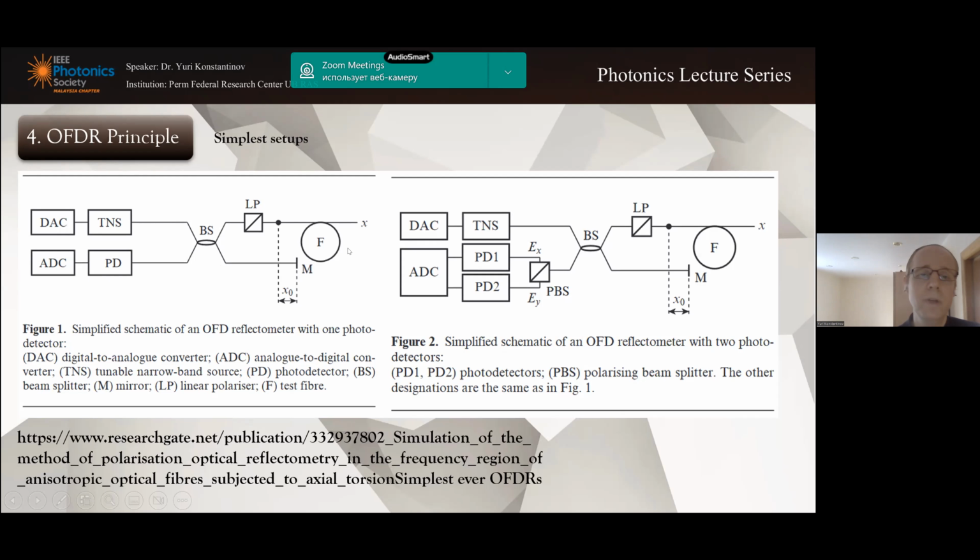So what do we have here? The sweeping light goes here. It is scattered and reflected within the fiber at each point of the fiber, and of course at the end of the fiber where we have the backscattering reflection. And at each point it is going back and goes to the beam splitter again.